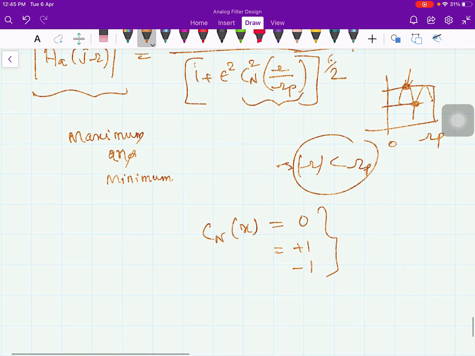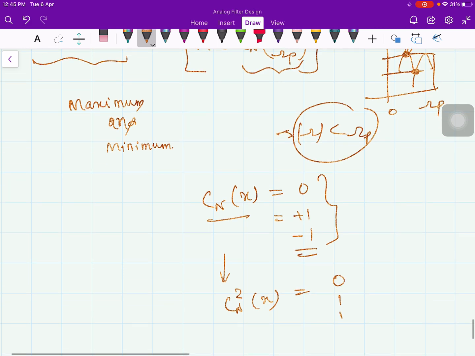Now among this, what is the minimum value? Minimum value is minus 1. But we don't want Cn of x. What we want is Cn squared of x. Now if you square it, 0, plus 1, plus 1. Now what is the minimum value in this? The minimum value is 0.